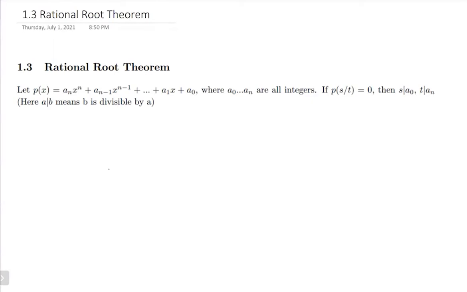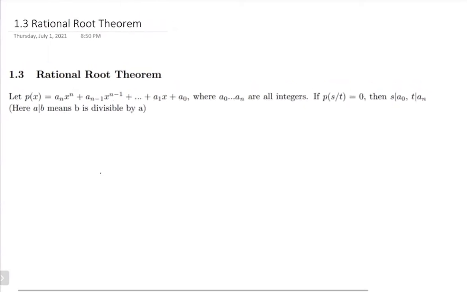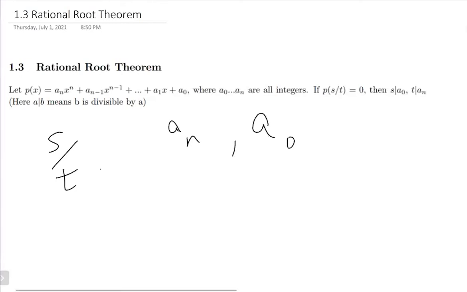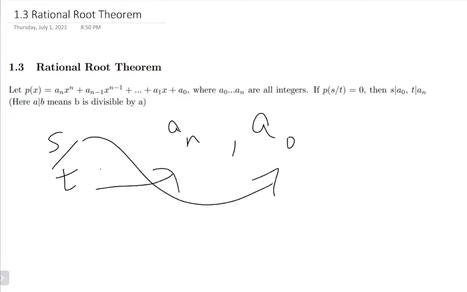So basically that means if you have a fraction, say s over t, and you have the leading coefficient a sub n, and you have the constant a sub 0, it's basically saying that s must divide into this, and t must divide into this. And this is somewhat intuitive when you factor, and we'll see this later.